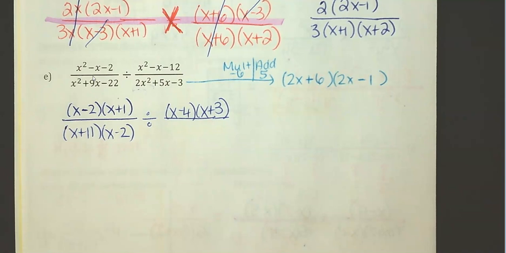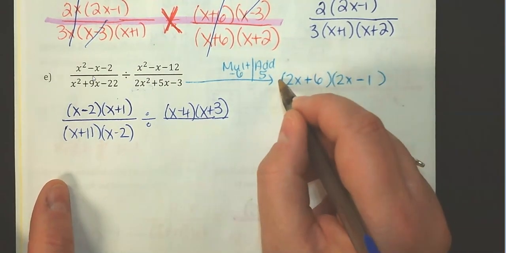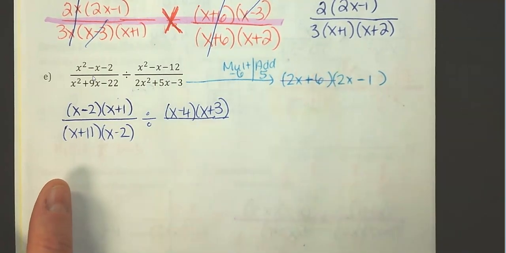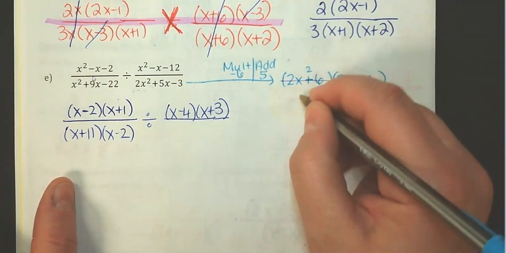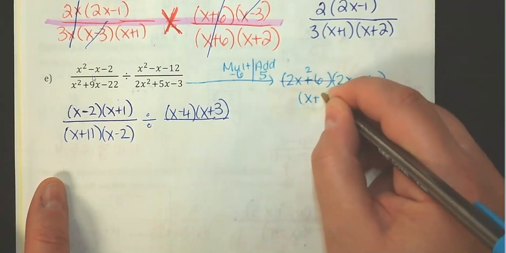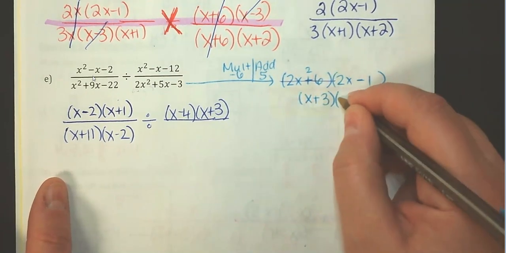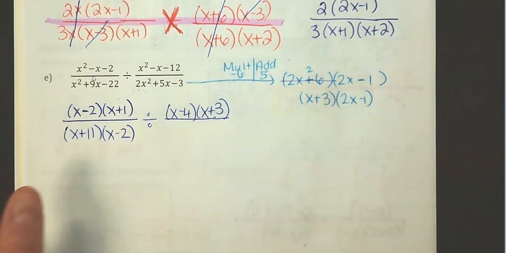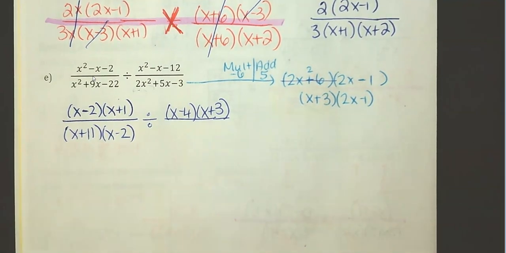Add to get you 5, though. +6 minus 1 is going to be 5. Now, one or both of these is not the real factor. It's just one here. This 2x plus 6, since both of those are divisible by 2, the real factor, just divide both by 2. X plus 3, and then 2x minus 1. Those two terms don't have anything in common, so that'll be the real factor.